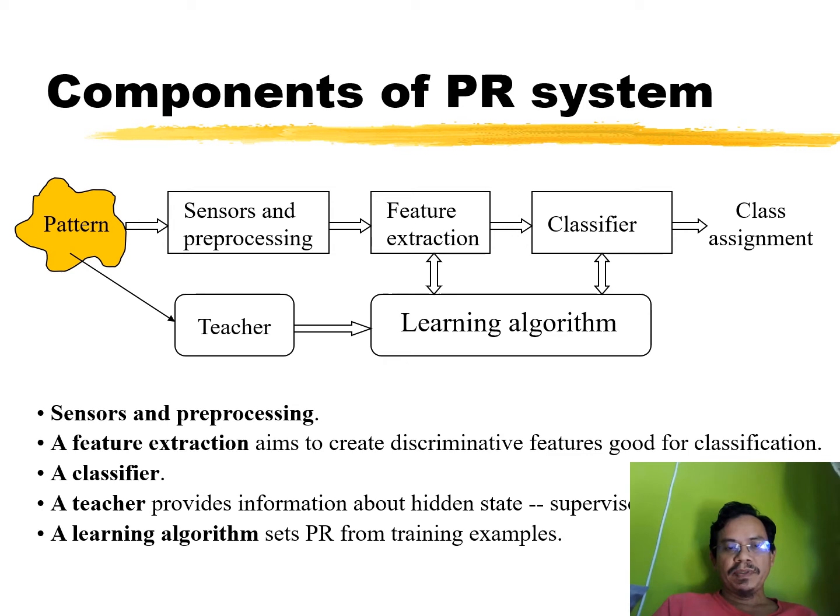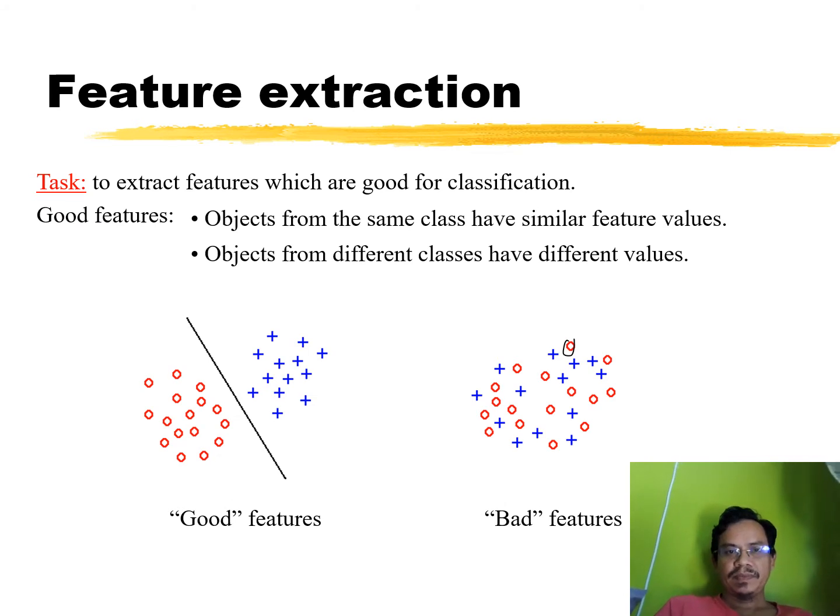Sensors and pre-processing and feature extraction aim to create discriminative features good for classification. A teacher provides information about the hidden state. A learning algorithm sets up pattern recognition from training examples.